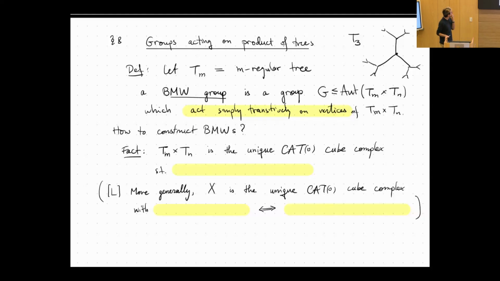Yeah, so how does one construct BMWs? It turns out to be an easy task. One can describe those quite nicely in a combinatorial fashion, and the reason behind it, in my opinion, is that the product of two trees is the unique CAT(0) cube complex with the link at each vertex.